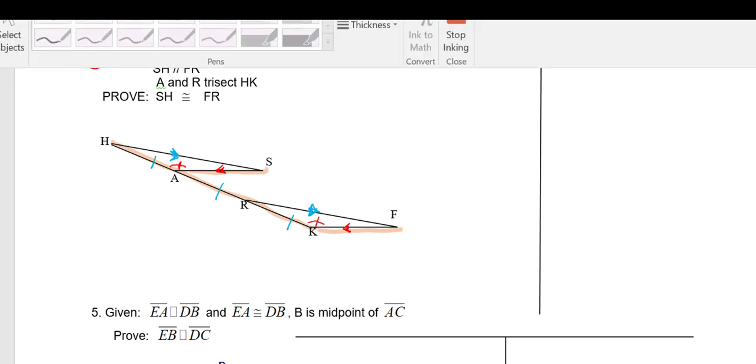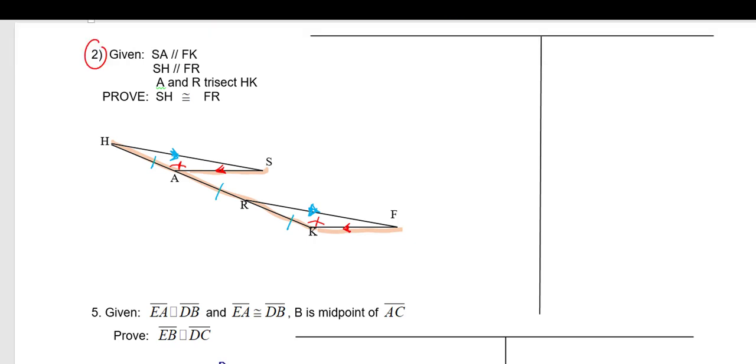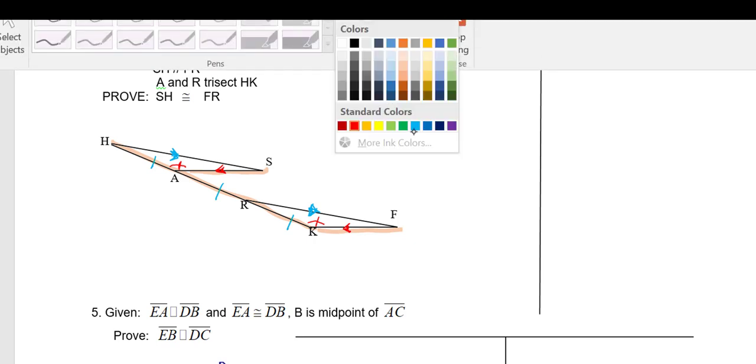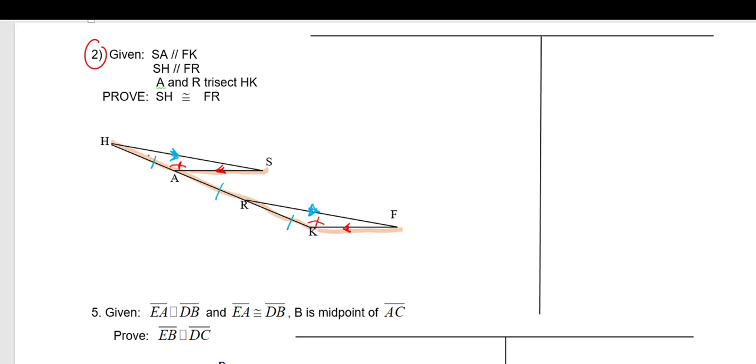And by the same token, if I look at the blue parallel lines, the ones that I marked with blue, these two angles are going to be congruent to each other right here. So this one and this one. And again, those are going to be forming an F shape, so those are also corresponding angles.